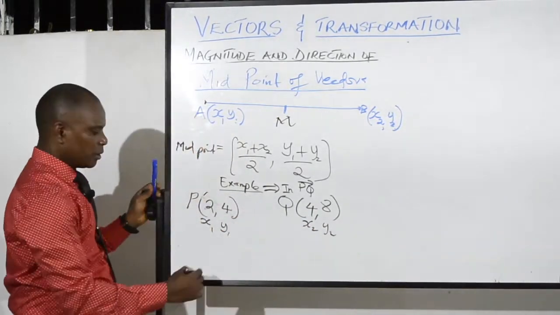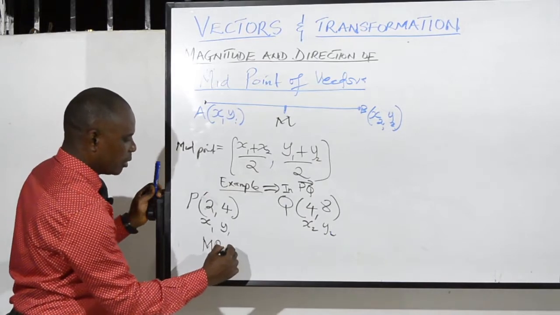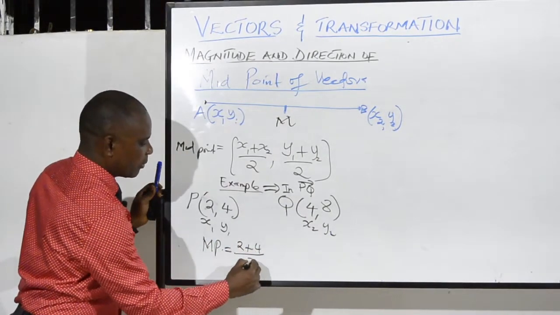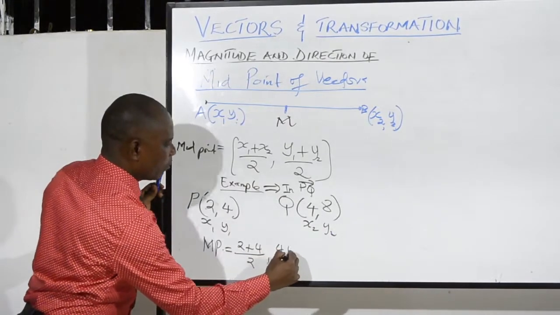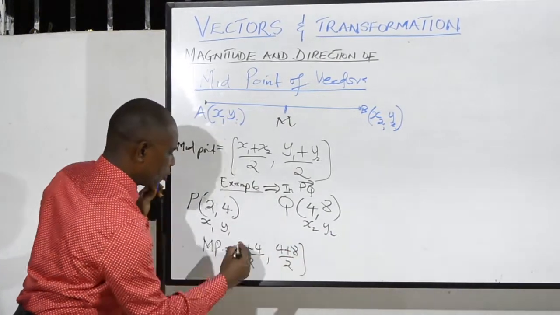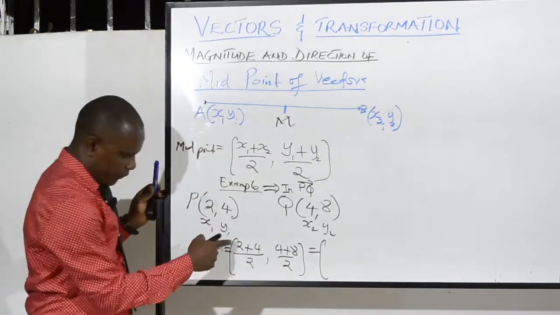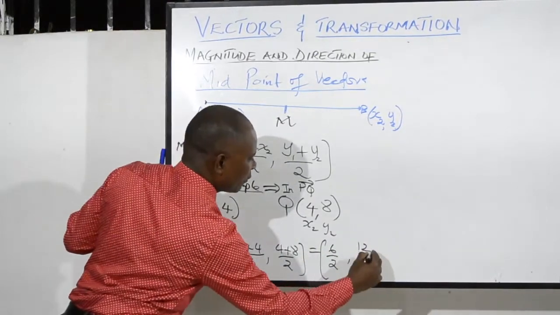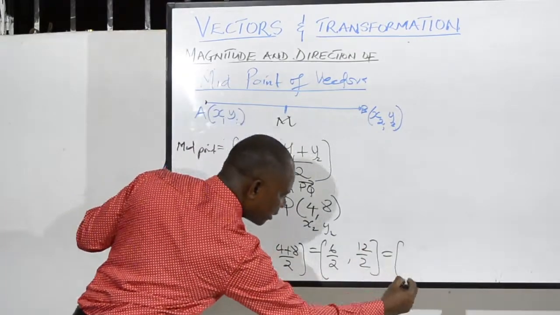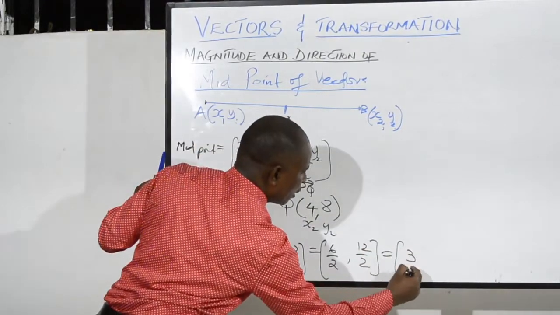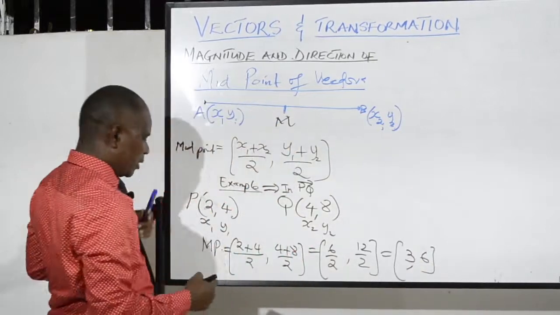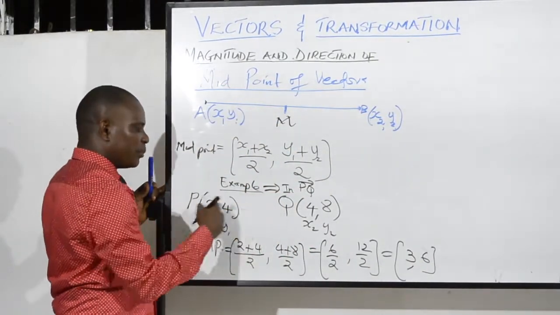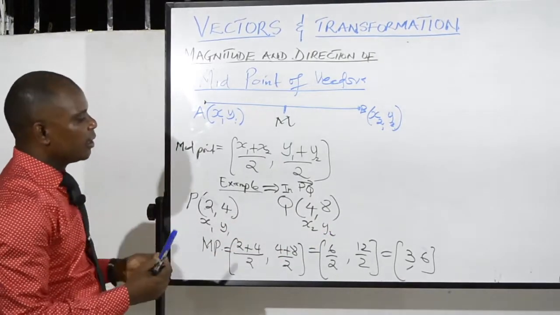So the midpoint is (2 plus 4) divided by 2, and (4 plus 8) divided by 2. So this is 6 divided by 2, and the other is 12 divided by 2. So the midpoint of P and Q is given by (3, 6).